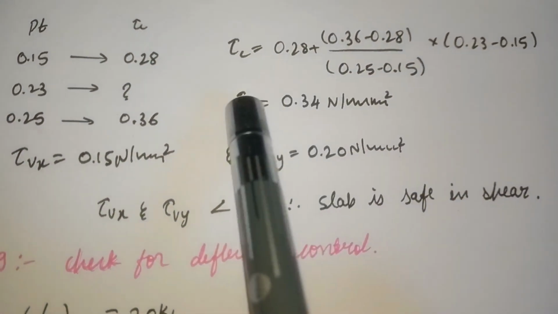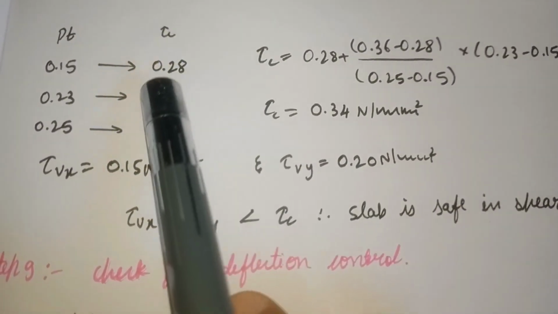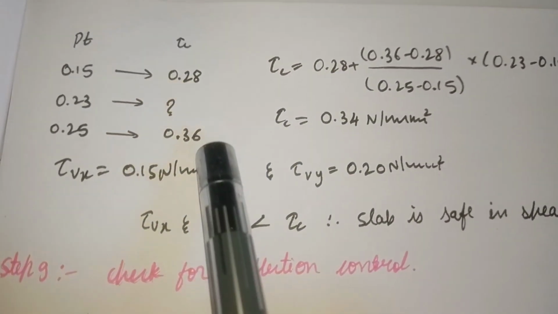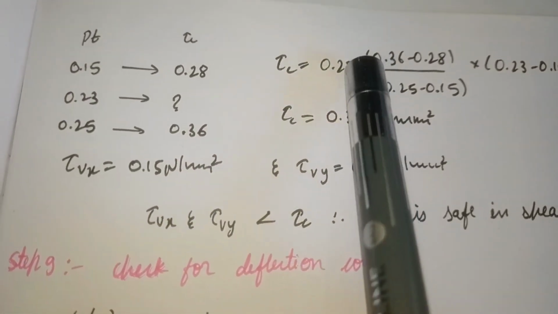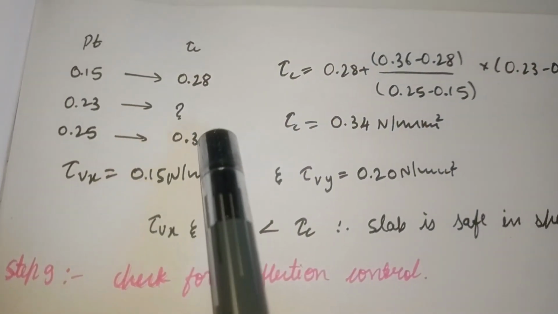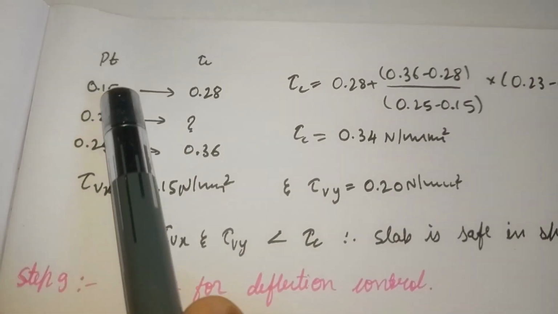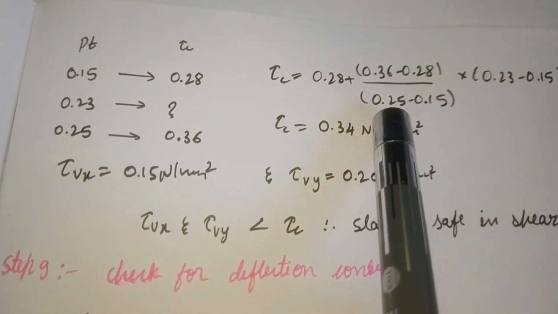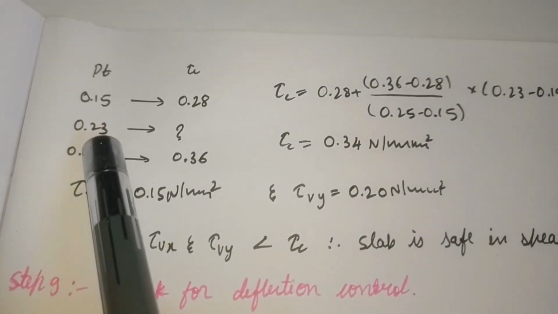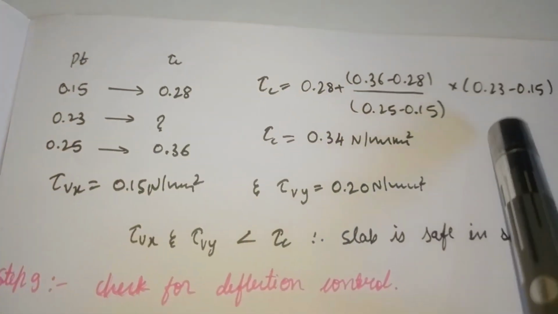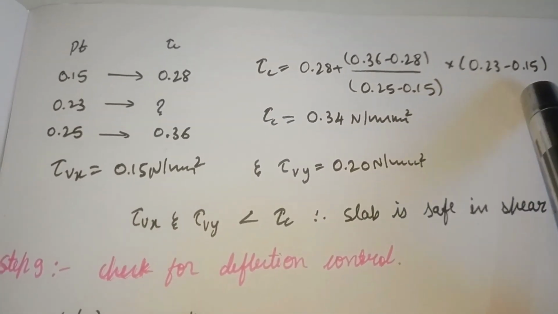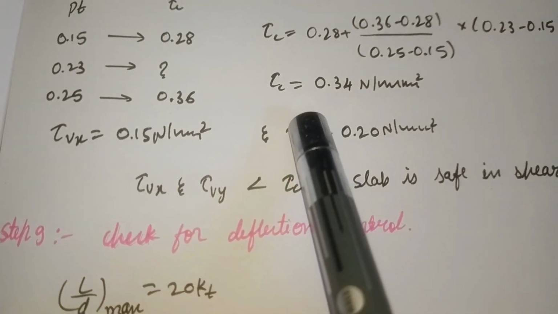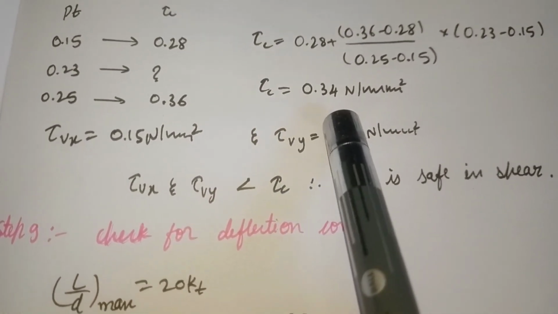So tau c is equal to, as usual, we take the least value, that is 0.28, plus, because the value goes on increasing here, that's why we take the plus, the greater value minus least value, that is 0.36 minus 0.28, divided by 0.25 minus 0.15, into the value which you want to find out minus the least value, that is 0.23 minus 0.15. So substitute all the values. By simplifying, tau c is equal to 0.34 Newton per mm square.